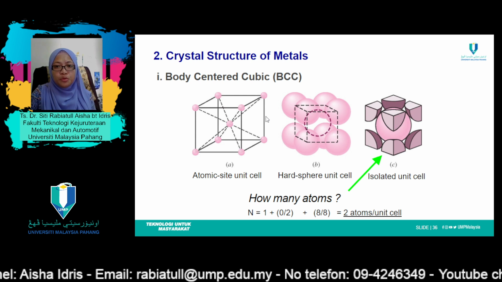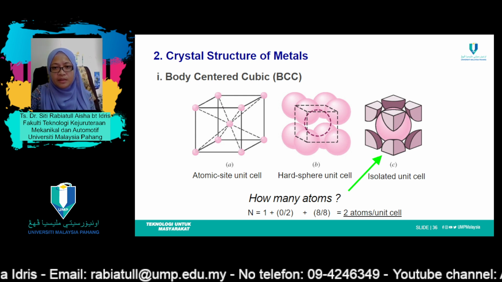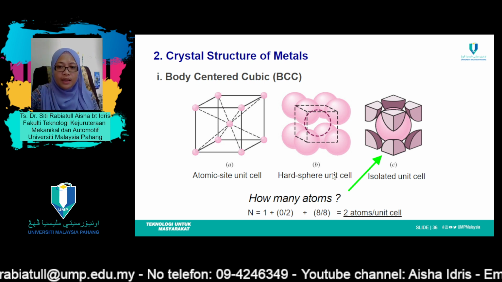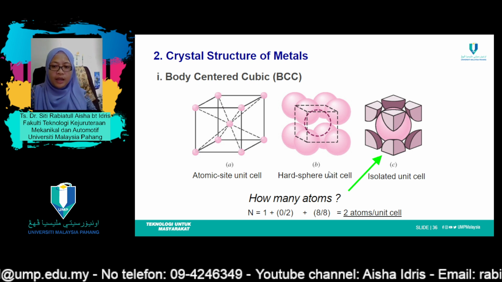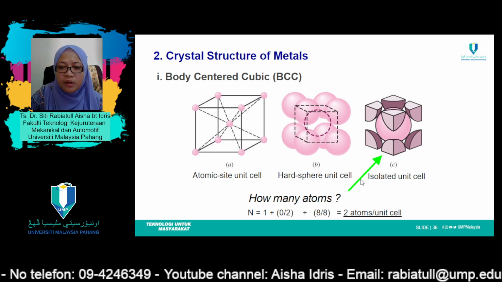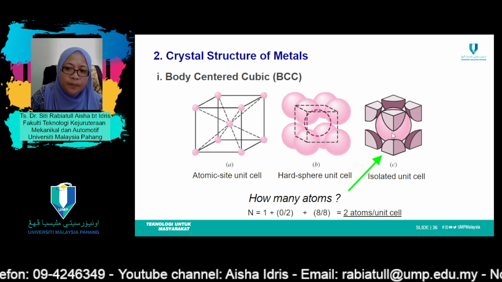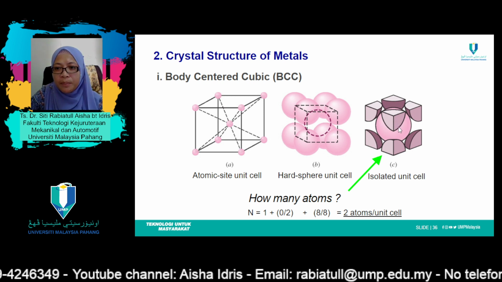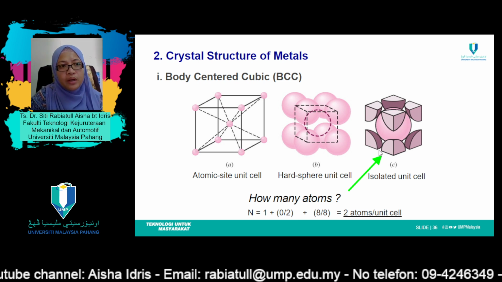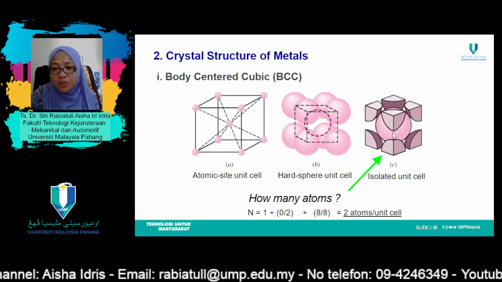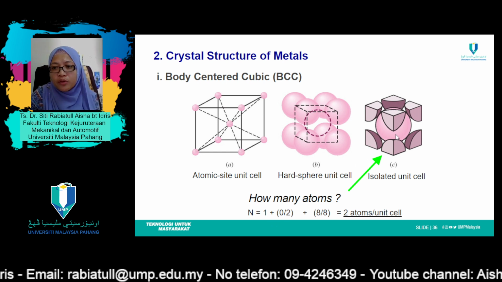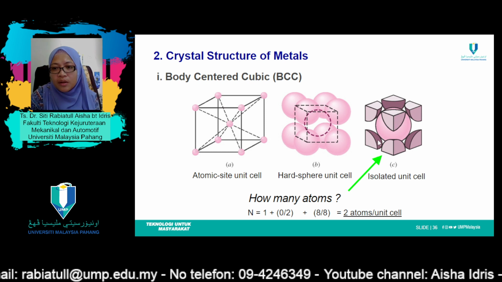Okay, now move on to BCC, body-centered cubic. How do we calculate the number of atoms in BCC? First of all, n equals 1 plus, where 1 refers to the interior atom in the structure, only 1, plus the number of atoms at the face of this cube.